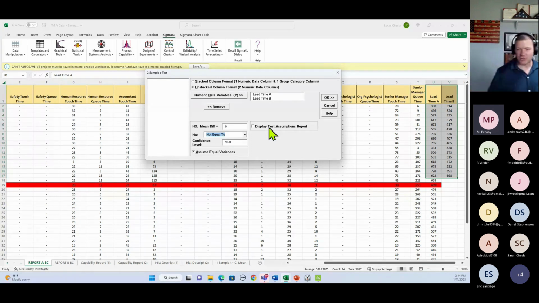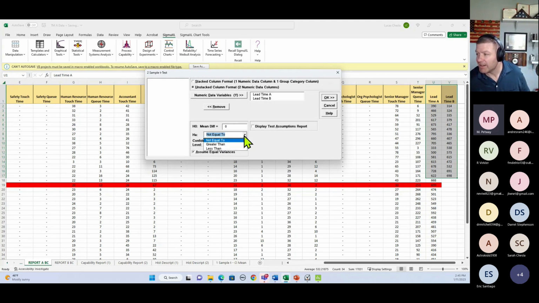Correct. That's because I'm not asking, is it less than or greater than? I'm saying, is it too far greater than or too far less than? Could be either, which means I have 2.5% on each side. This 5% is split between the upper and lower.